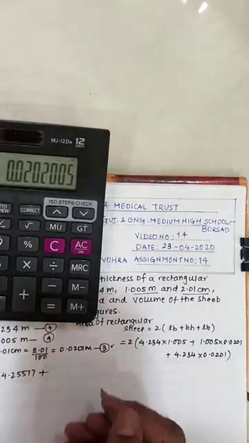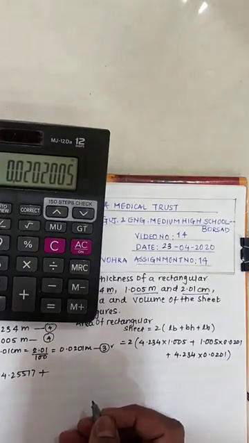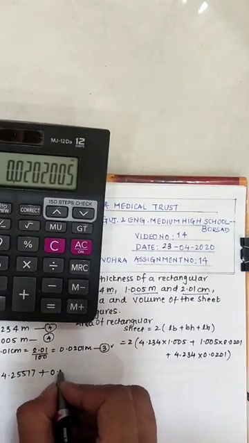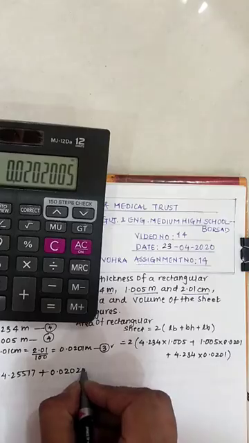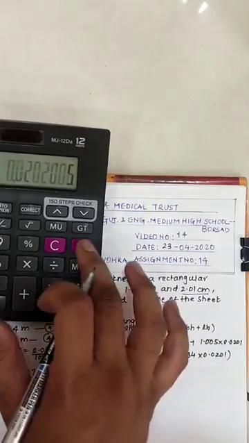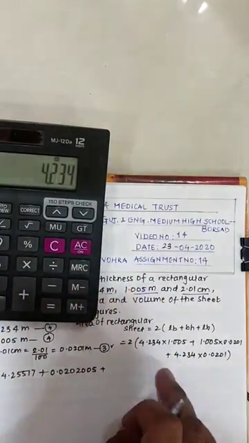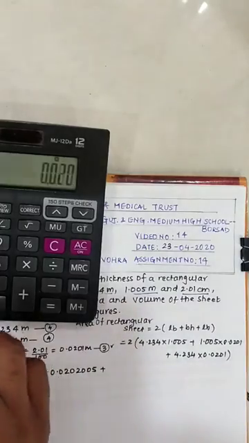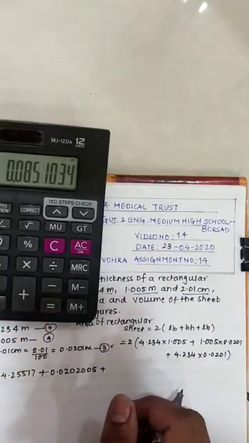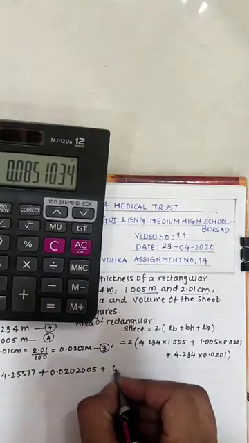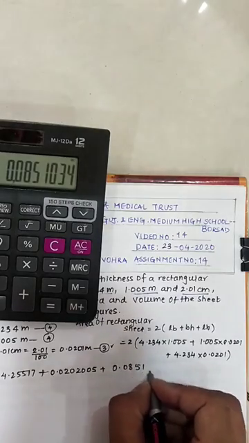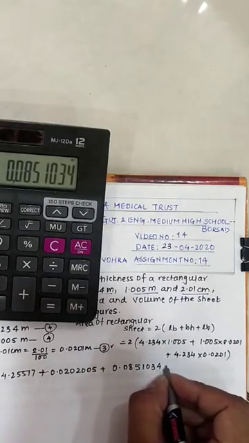0.0201. My answer is 0.020205, and last is 4.234 into 0.0201. So my answer is 0.085134. Is this clear?